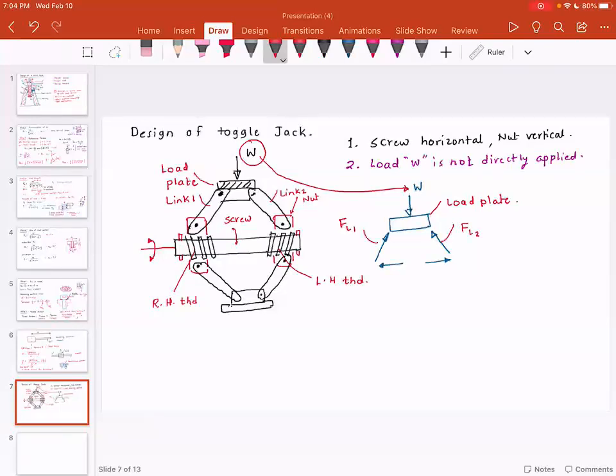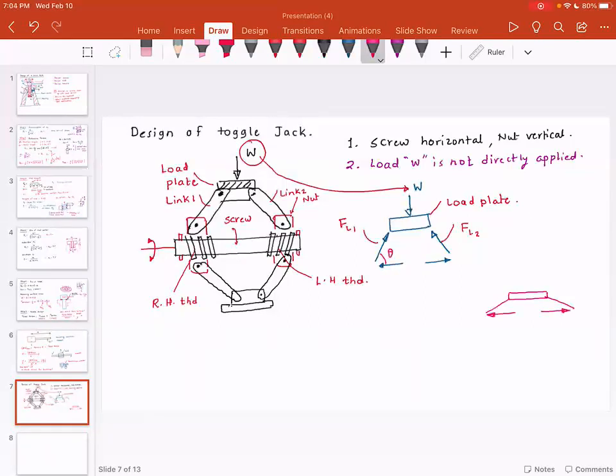Now one thing that I want you to observe is that this angle theta changes. So this angle theta changes depending upon whether the jack is lowered or raised. So in other words, if the load plate is all the way down, then you're gonna have something like this configuration.